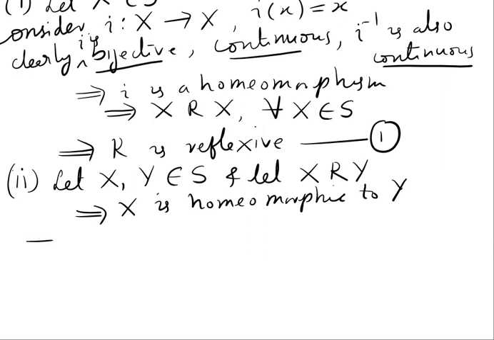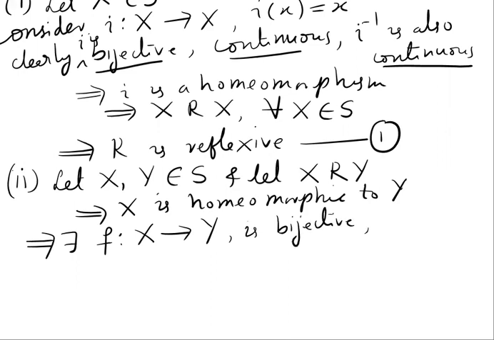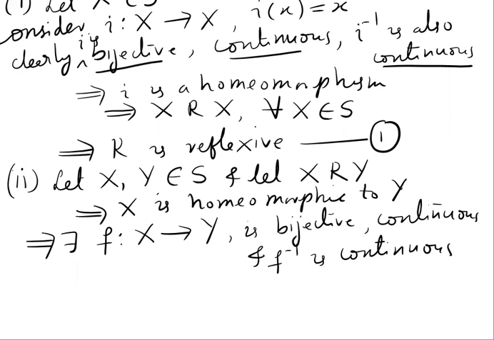That means there exists a function F from X to Y which is bijective, continuous, and the inverse is also continuous. F inverse is also continuous. That's the meaning of homeomorphism.